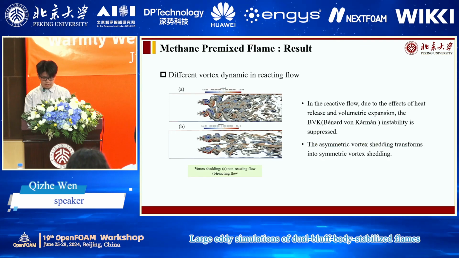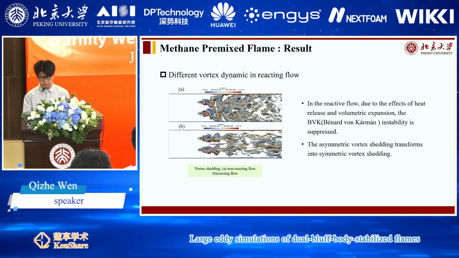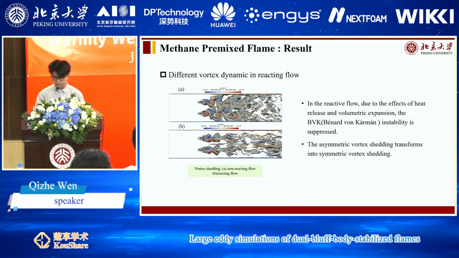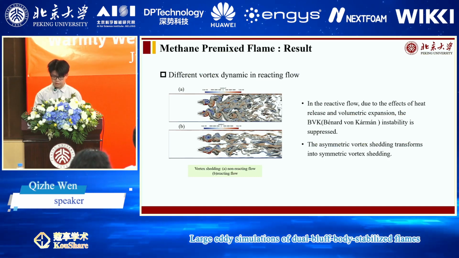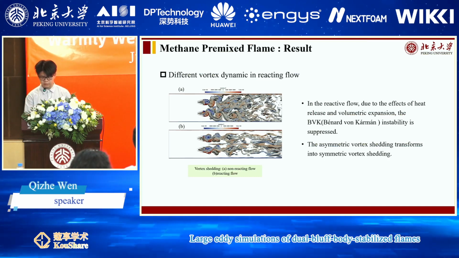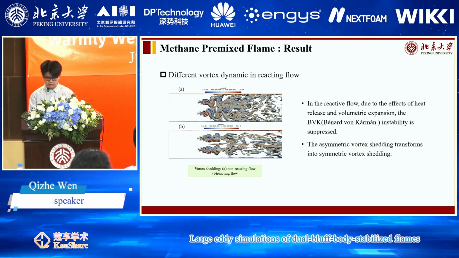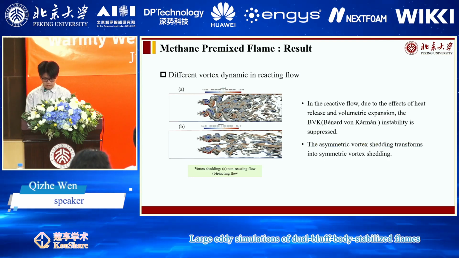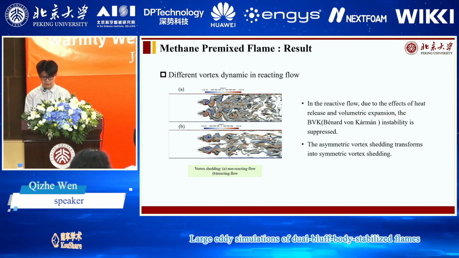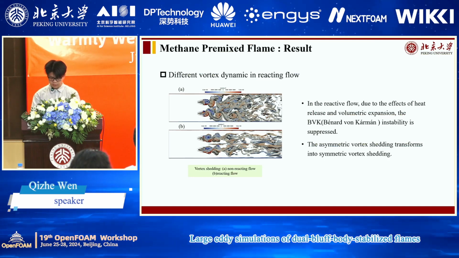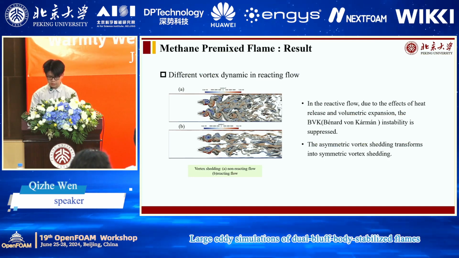Firstly, we compare the results of reactive and non-reactive flows. Significant differences can be observed. In the non-reactive flow, the BVK instability leads to periodic vortex shedding on both sides of the bluff body, forming a common vortex street.